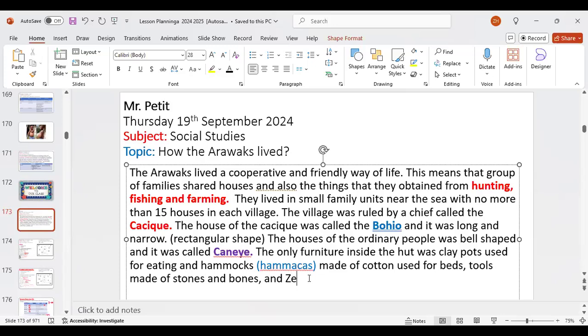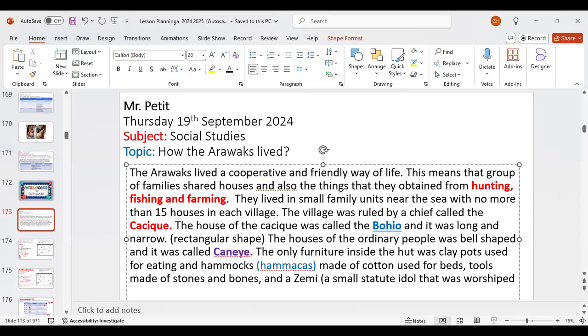A Zemi is a small statue. It also means an object. A small statue or idol that was worshipped.